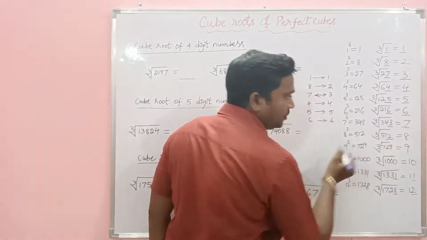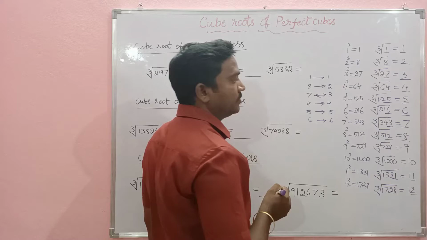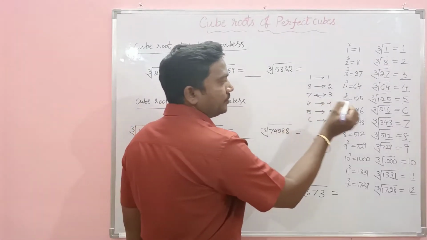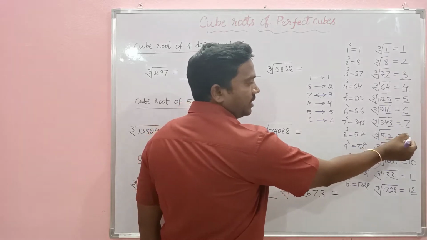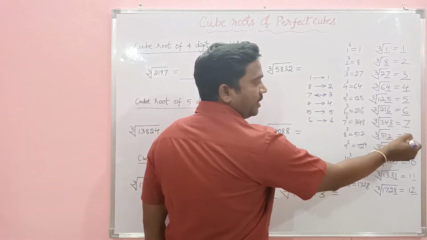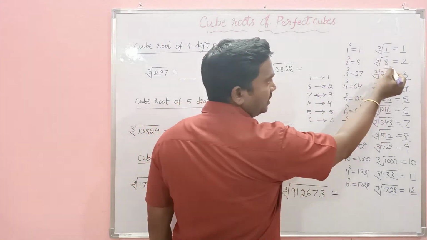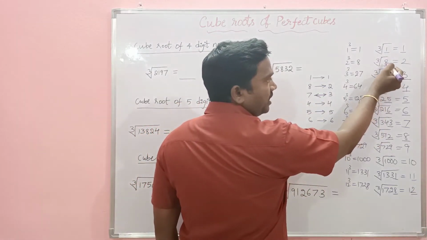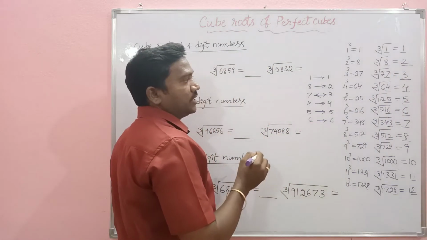Now here, 512 ends with the digit 2, then the cube root of 512 is 8. So if a number ends with the digit 2, the cube root of that number ends with the digit 8. We have already seen if a number ends with 8, we get 2 in the units place.